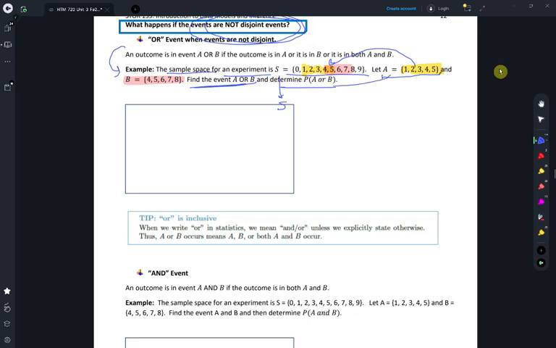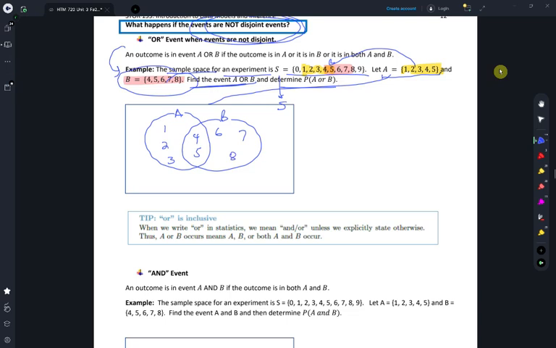As a visual aid, I'm going to draw event A as 1, 2, 3, 4, 5, and then event B as an overlapping circle where you have 4, 5, 6, 7, and 8. Based on this, I will also note that in my sample space, 0 has not been accounted for, neither has the number 9.